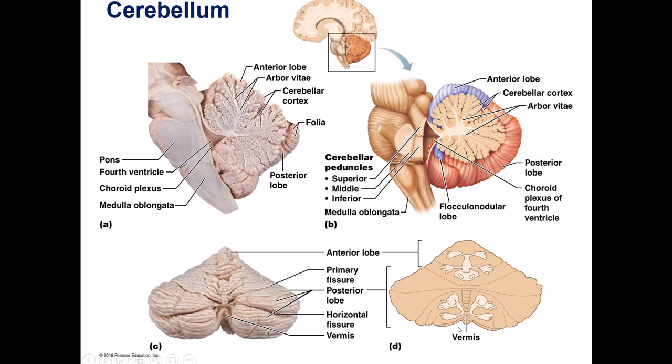This is called a homunculus. One of the main jobs of the cerebellum is to help regulate our motor function so that we can move in a coordinated fashion, and we can actually map our body onto the cerebellum, which we can actually do with the cerebrum as well, as you'll see.